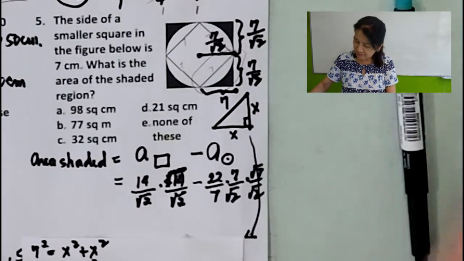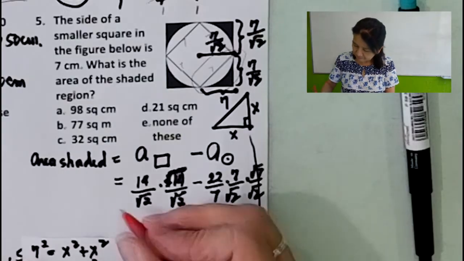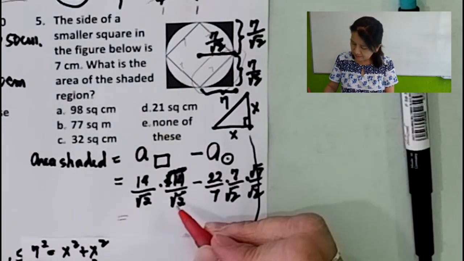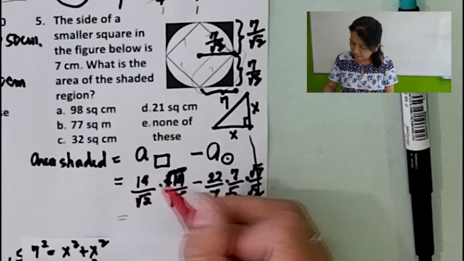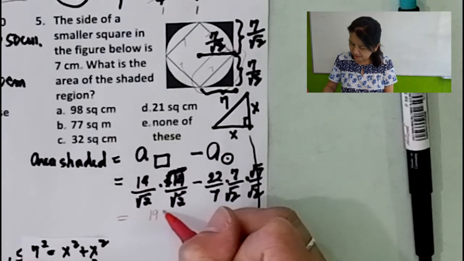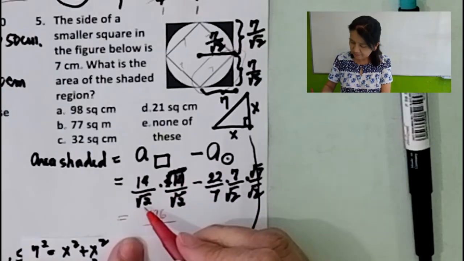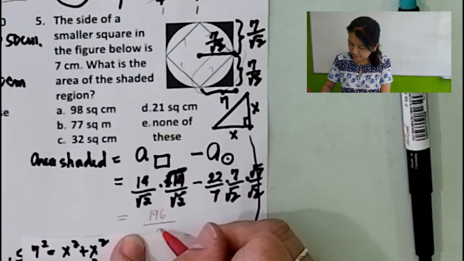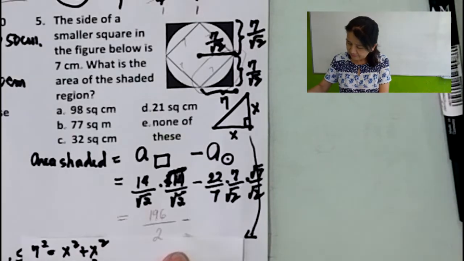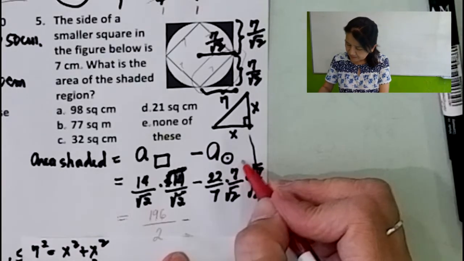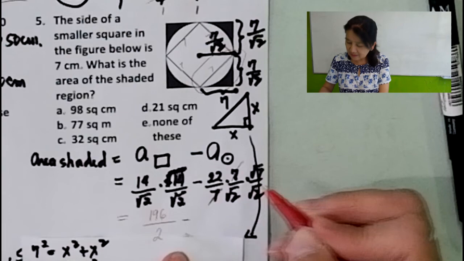Now let's simplify. Let us now simplify. When you multiply this, what do you get? 14 times 14 is 196 over square root of 2 times square root of 2 is 2 minus 7 cancels with 7, isn't it?